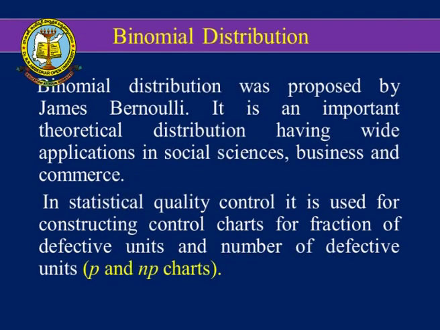Now we are going to the second distribution, that is the binomial distribution. Binomial distribution was proposed by James Bernoulli. It is an important theoretical distribution having wide application in social science and business and commerce. In statistical quality control, it is used for constructing control charts for fraction of defective units and number of defective units, which are represented by P and NP charts.